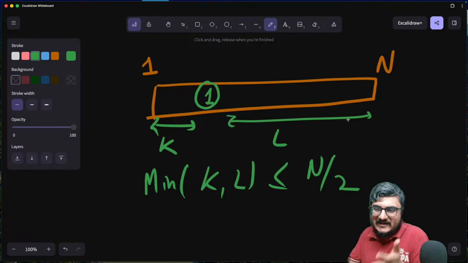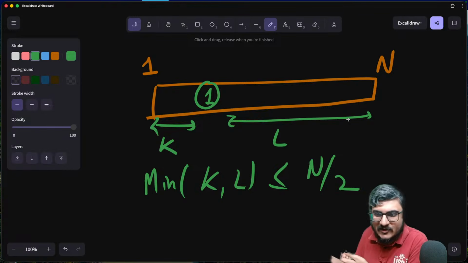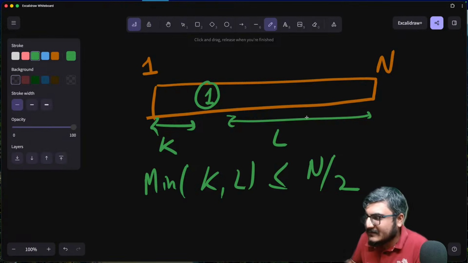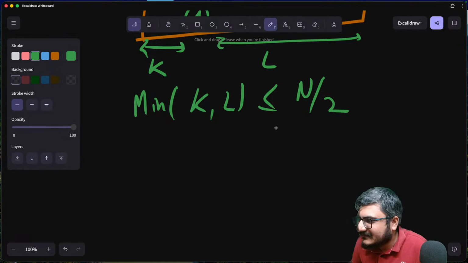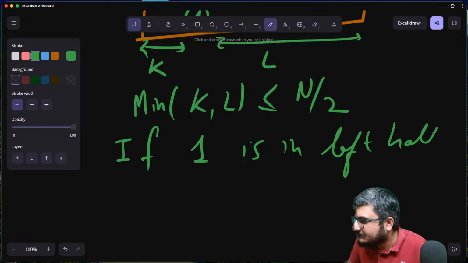See, if I look at the complete array, 1 must be in either the left half or the right half. If it's in the left half, then starting from the left, I will find 1 within at most half. Or if 1 is in the right half, then my right pointer will find it in less than half. The idea is, if 1 is in the left half, then k is less than or equal to n by 2.